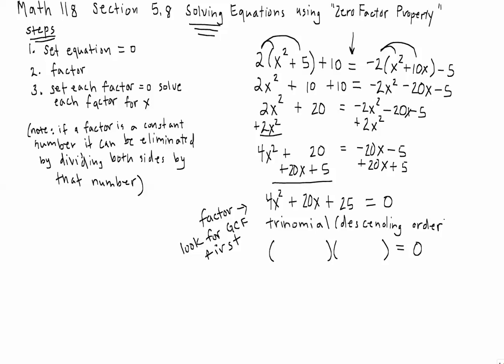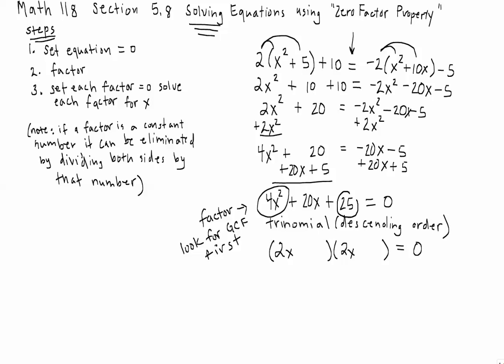Then you look at the first term in your trinomial, which is 4x squared. And what times what is 4x squared? Well, 2x times 2x is 4x squared. This is called trial and error method, because you may have wanted to try 4x times 1x. Try it. I'm going to show you how to check it to see if you did it right.